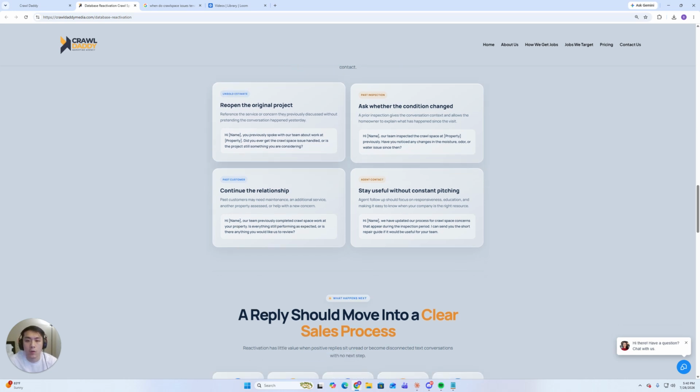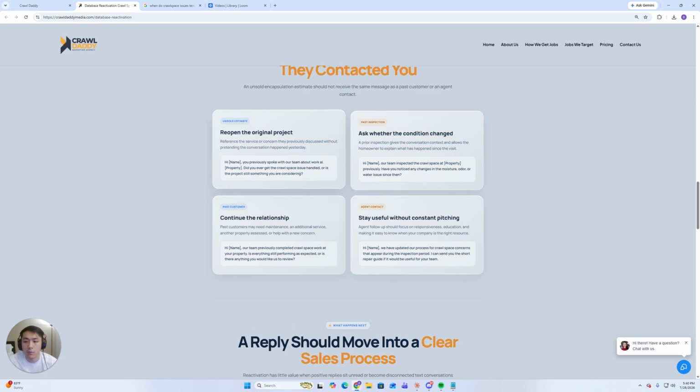They just get worse during the humid months, right? So it's about timing and trying to prompt them with messages like this to bring more attention to their crawl space and get them to think about whether or not they need a full encapsulation. We'd ask how the condition changed and then try to stay in contact with them, right?